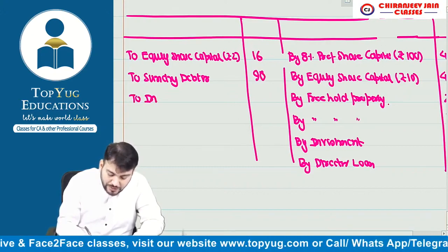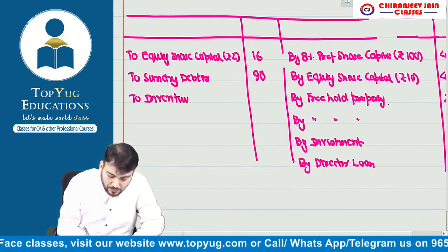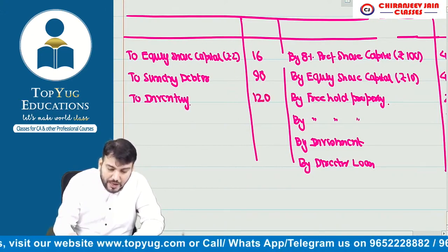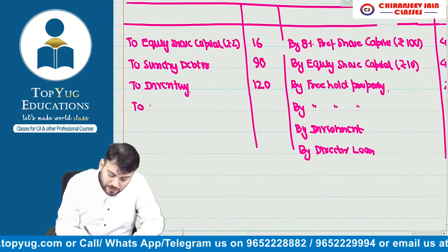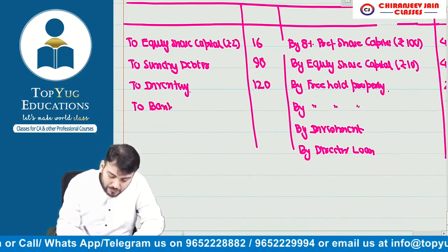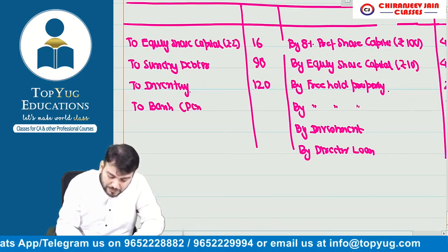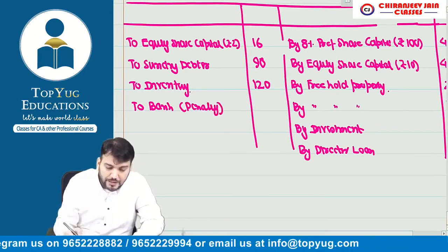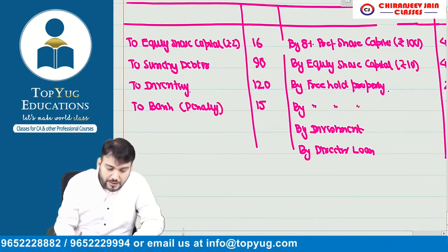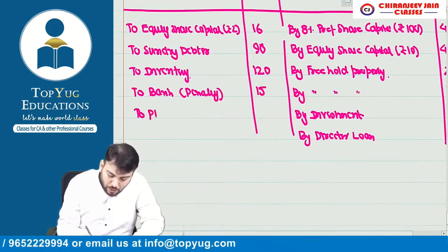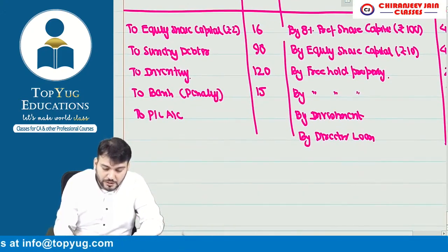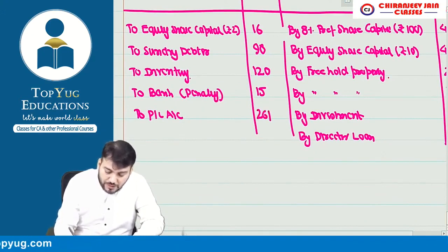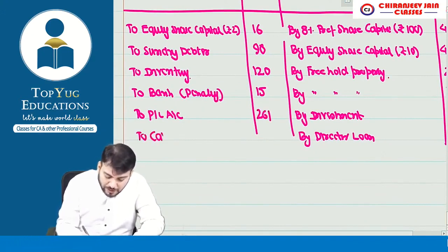Then to inventory, this is 120 lakh. Then you have paid one penalty; you can add it to bank, in bracket penalty, 15 lakh. Then to profit and loss account, that is 261 lakh.